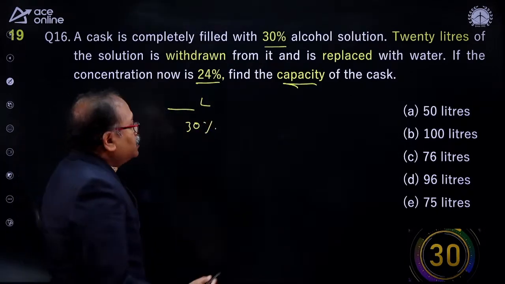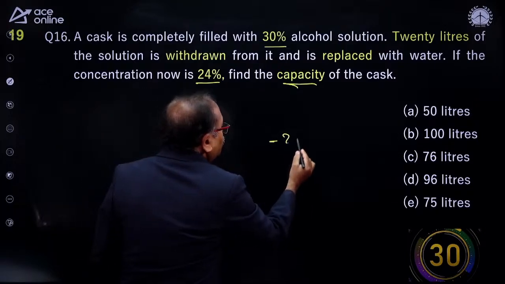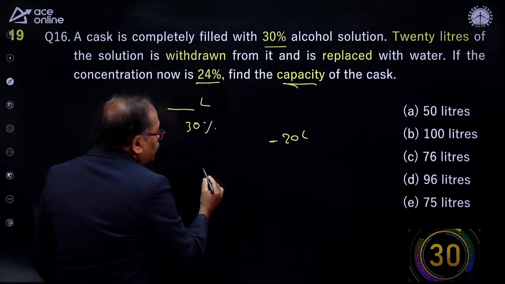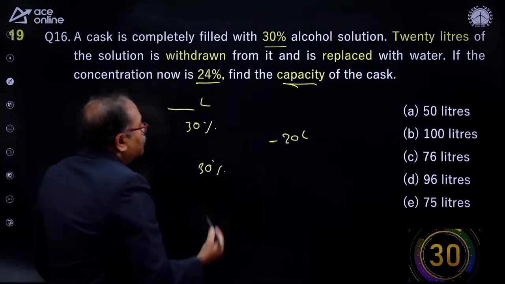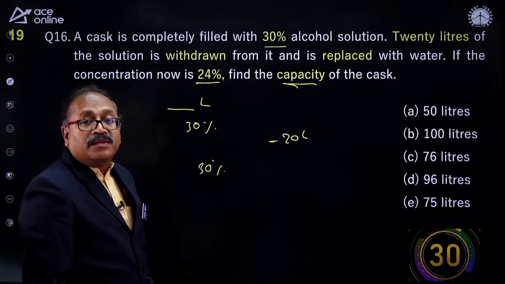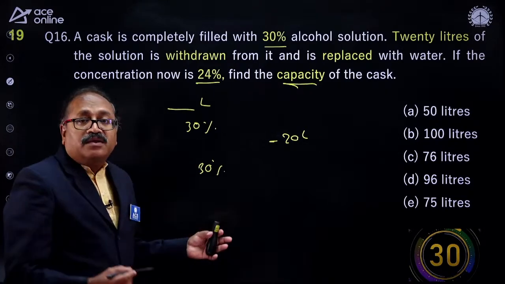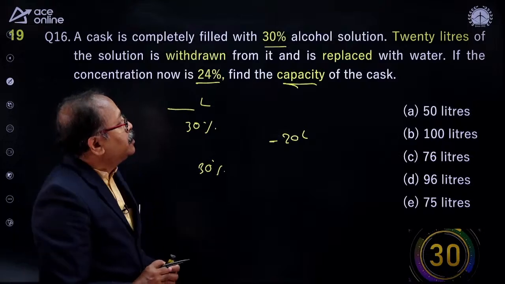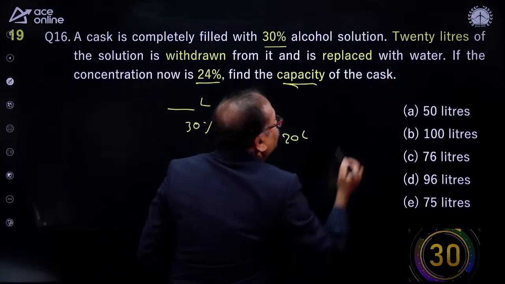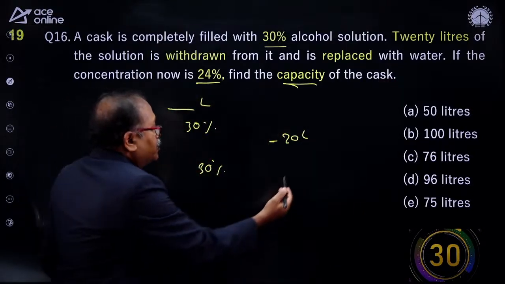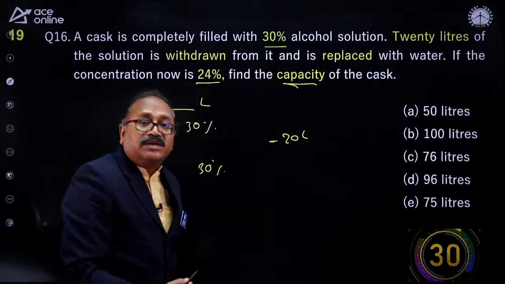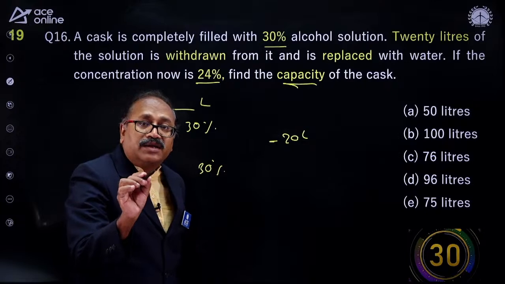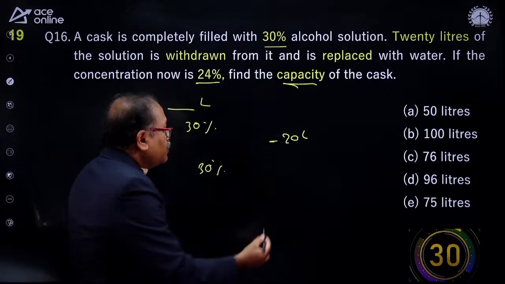So once you take out 20 liters from the mixture, the same solution with 30% alcohol will remain. Now you replace this with water. When you are pouring the water, how much percentage alcohol will be there in water? When I say water, it's pure water, so the alcohol will be 0%.